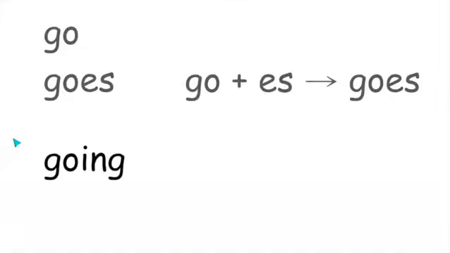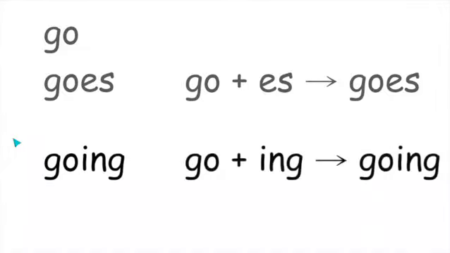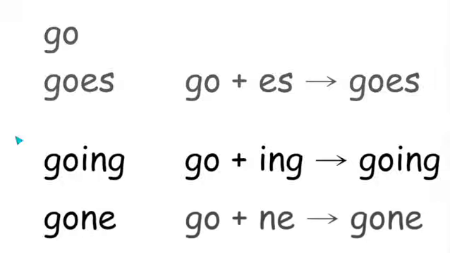I'm going right now. Go plus the suffix ing is rewritten as going. Did you go to the store? I have already gone to the store. Go plus ne is rewritten as gone.